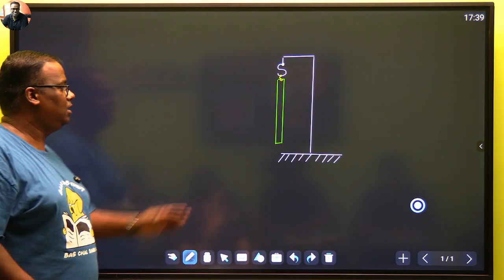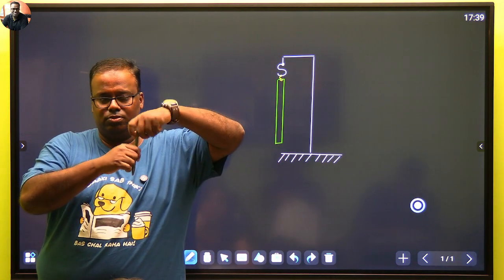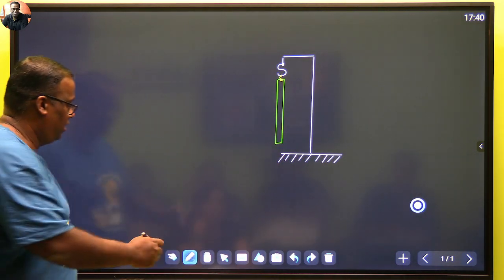Are you able to understand? This becomes like a bar which can move about, something like this with the S hook, so it can rotate in this manner, right?